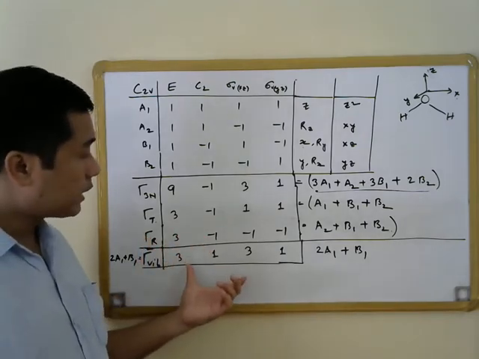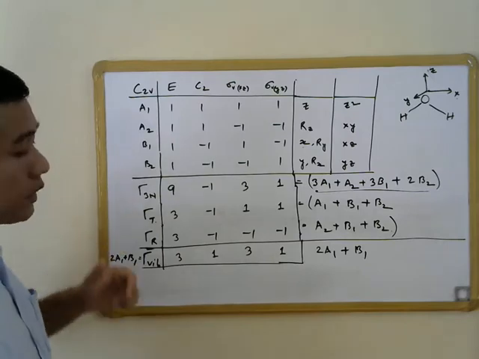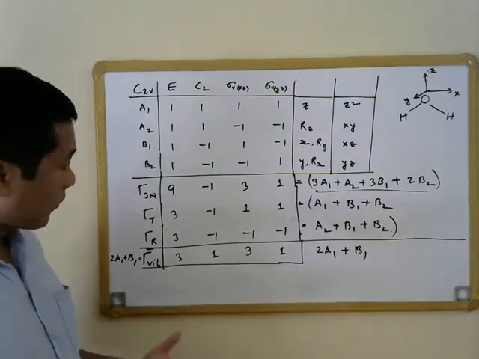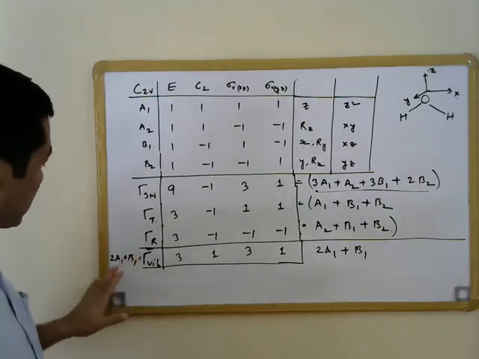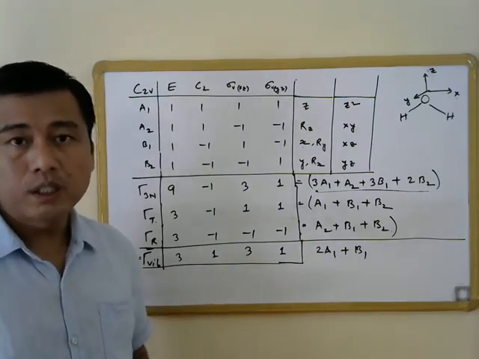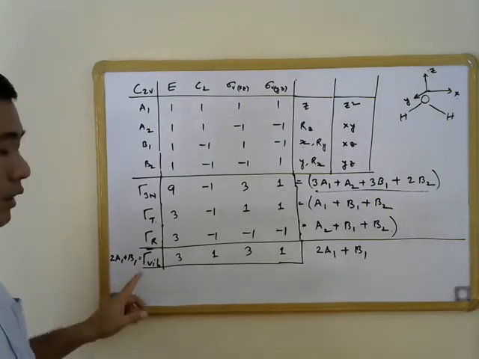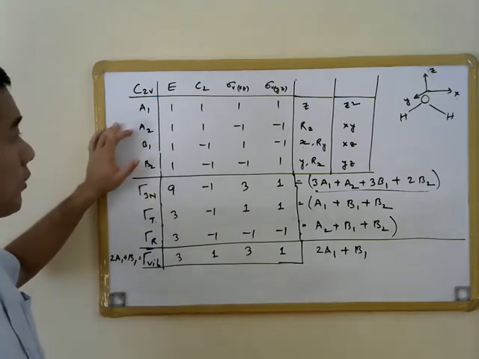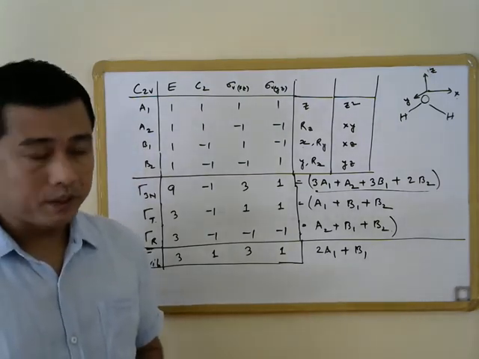Now we can take these characters and find out how many times the irreducible representations in that point group appear in this reducible representation, and this gives us, in the case of the water molecule, the answer 2a1 plus b1. It tells us that two of the vibrational modes in the water molecule have a1 symmetry, while one of the vibrational modes has b1 symmetry, while none of the vibrational modes in the water molecule has a2 or b2 symmetry.